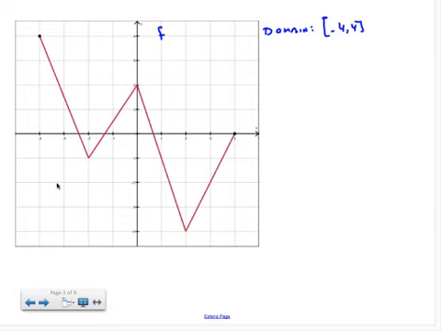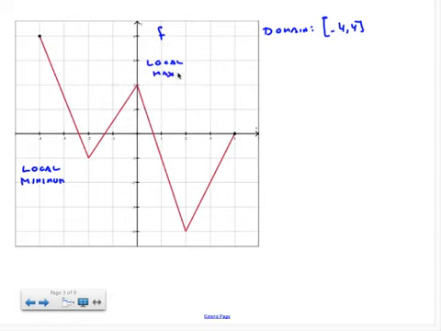So we have this point right here at -2, -1. We would call that a local minimum because in a neighborhood of -2, the point (-2, -1) has the smallest y value of all points in the neighborhood. Similarly, this point here at (0, 2) we would call a local maximum.